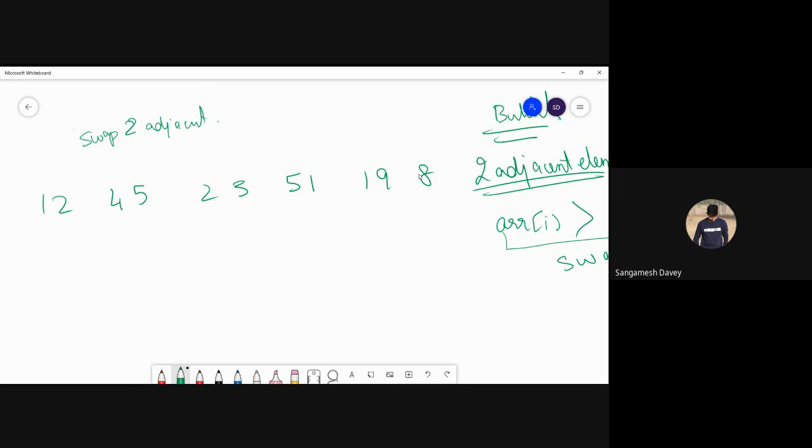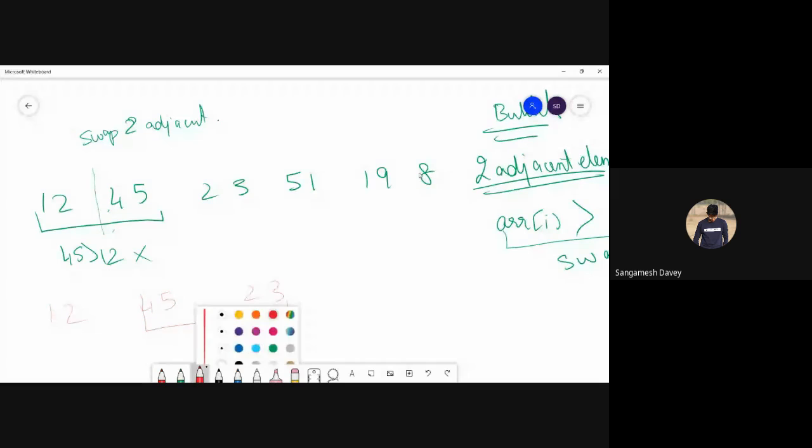First one being 12 and 45. I'll start checking from 45, right? Obviously 45 is greater than 12, so no swap. Then in the next iteration, I will check 45 with 23.